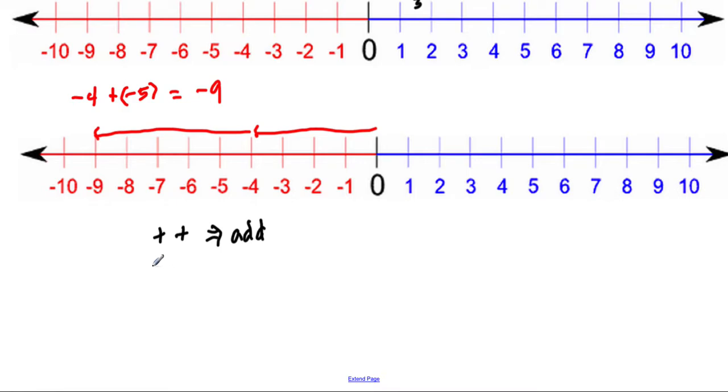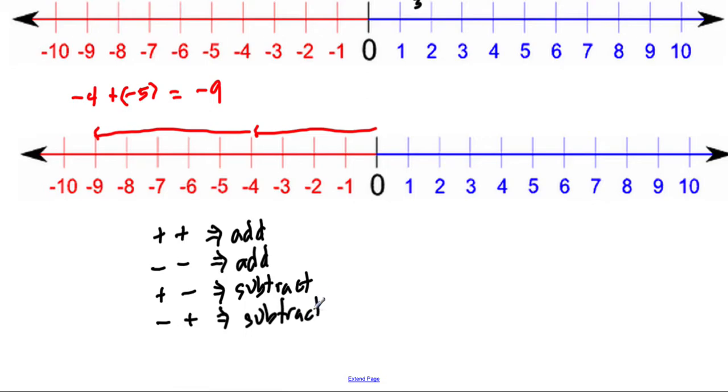When you're adding two negative integers, you're still adding the integers, and you're keeping the sign negative. But when you're adding a positive and a negative, you subtract the integers and keep the sign of the higher number. In the same manner, when you're subtracting a negative integer and adding a positive integer, you are also subtracting.